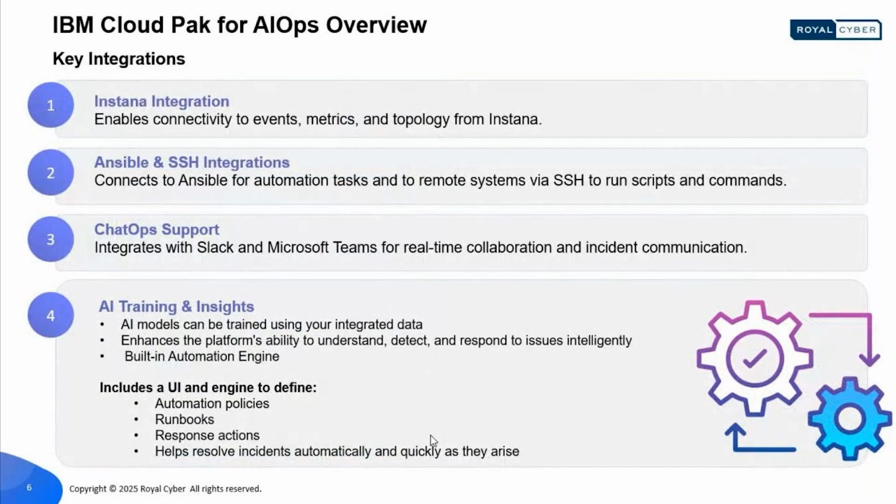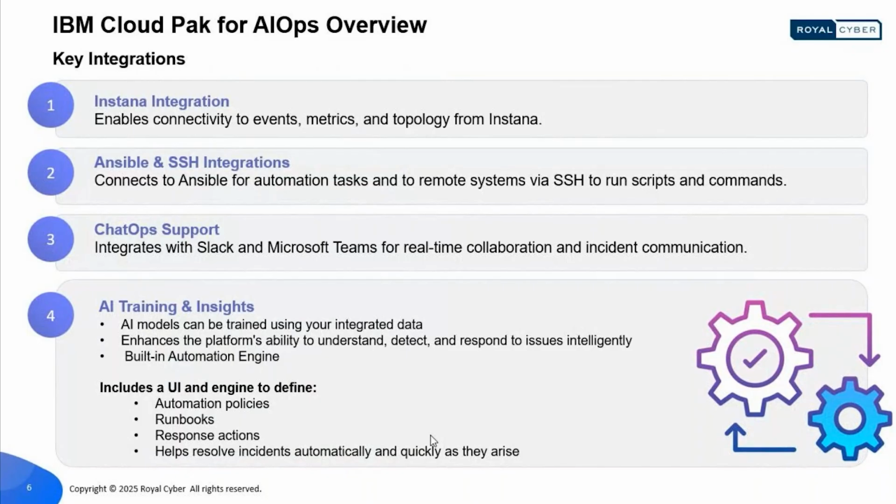You can write SSH scripts or Ansible playbooks to automate your tasks. Then for the integration, you can also integrate with Slack and Microsoft Teams. So there is ChatOps that you can use to remind the users or the stakeholders what the issue is and if the issue has been resolved. So you can easily communicate using ChatOps.